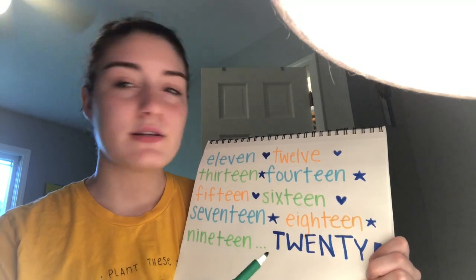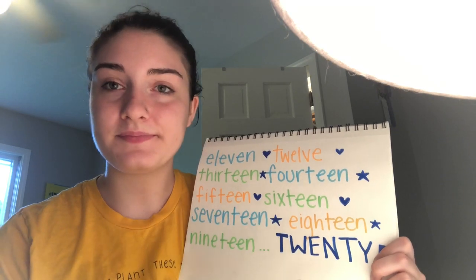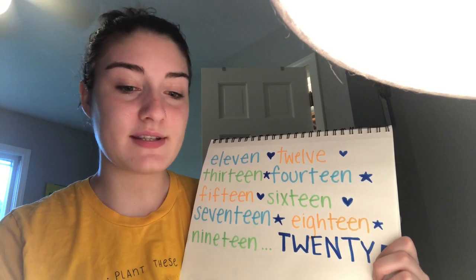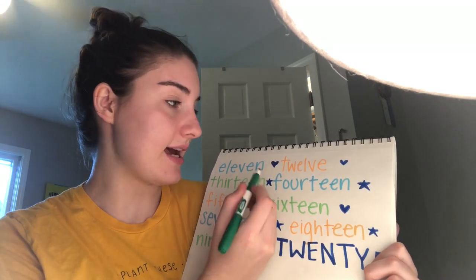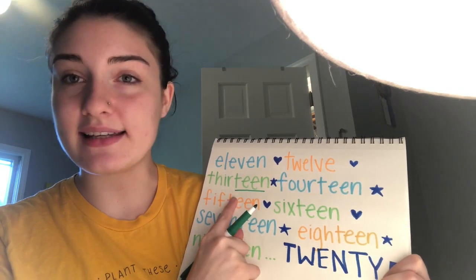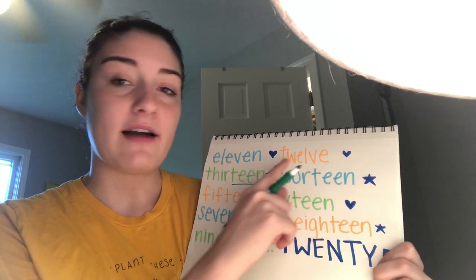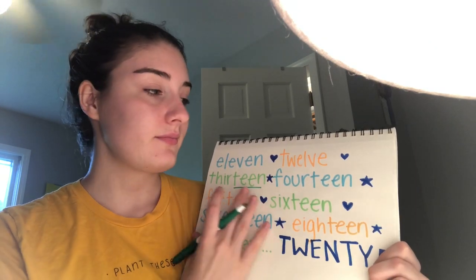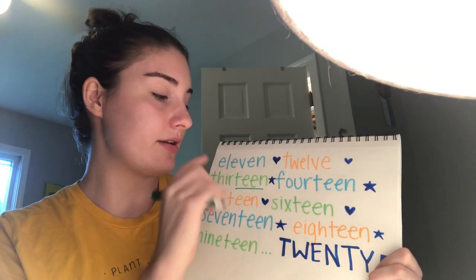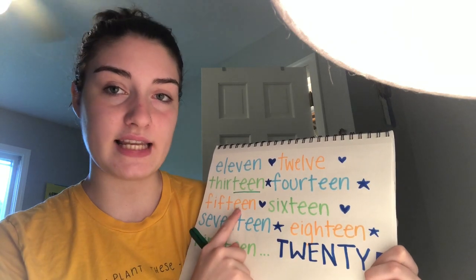Okay, so what is something that you noticed about these numbers? Awesome. So something that I noticed about these numbers is that most of them end with the sound teen. Teen. So after 12, the numbers start to sound pretty similar. 13, 14, 15.